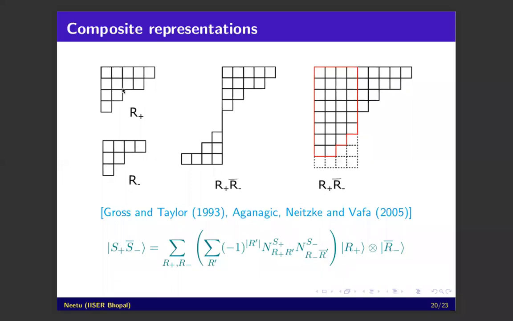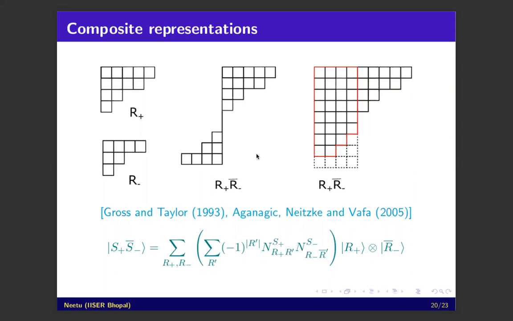The first one is we put R plus in the standard way, and then take R minus, put it upside down at the bottom, and we have to make sure that the total number of rows in this diagram is always n. So that's a composite representation.